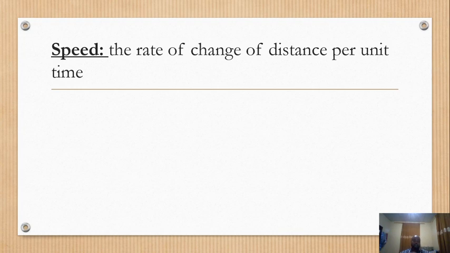I think I'm quite fast, but this time I will try to explain things as slowly as possible, actually. So let's define what speed means before we move to calculating the value of speed in a given question.